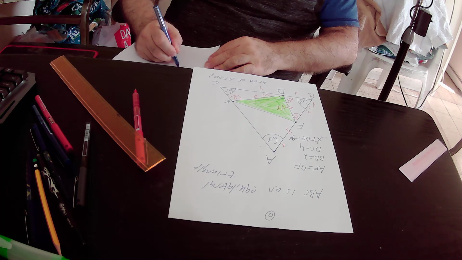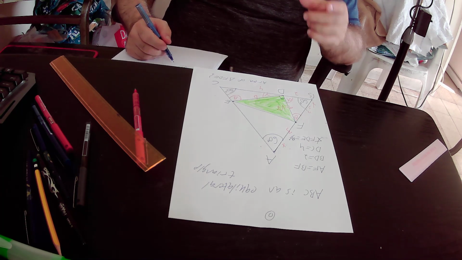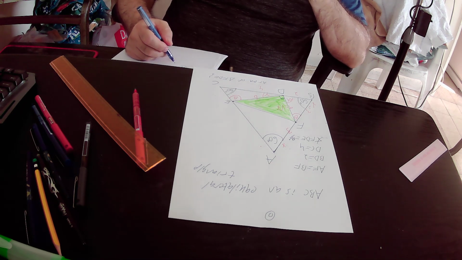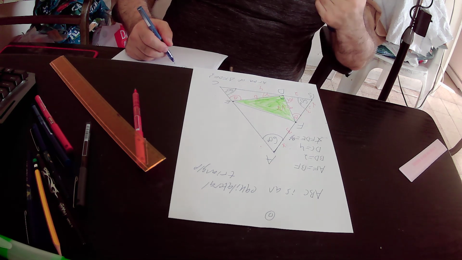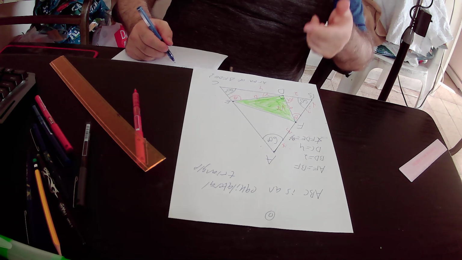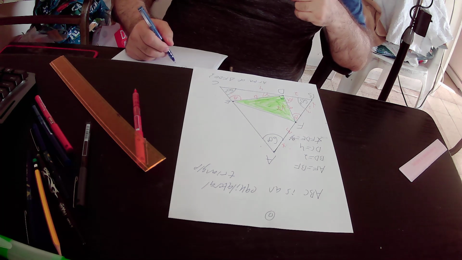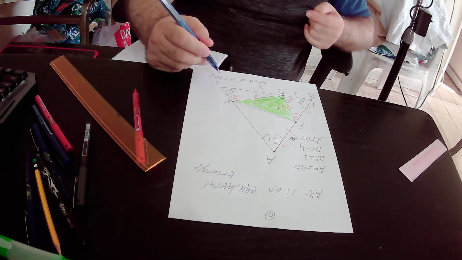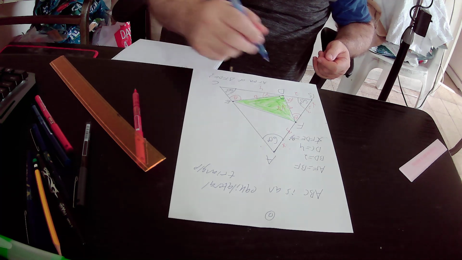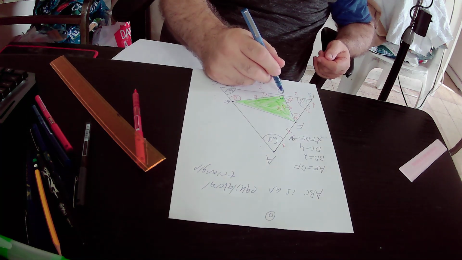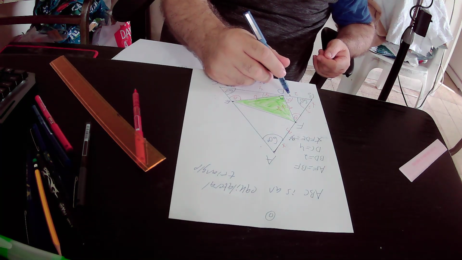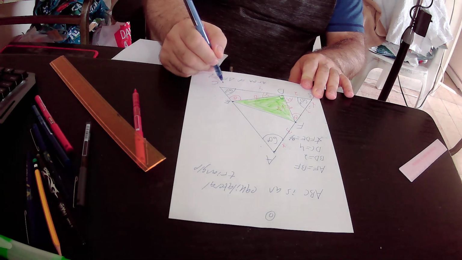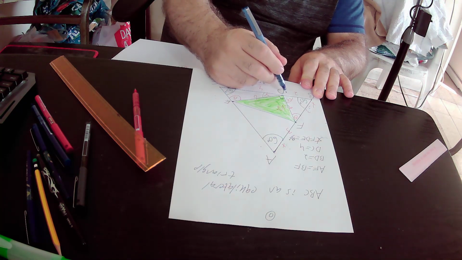Okay, in the next step we will create equation number 4, which states that the sum of the angles on one side of any straight line equals 180 degrees. So if we look at the straight line BC at point D, the sum of the angles in the upper side of the straight line BC equals 180 degrees.